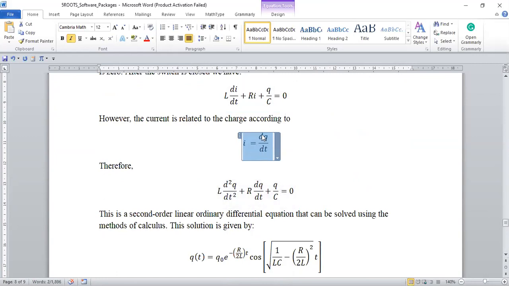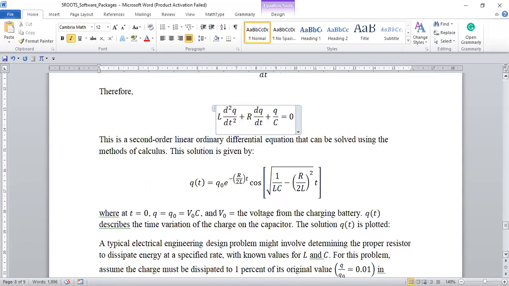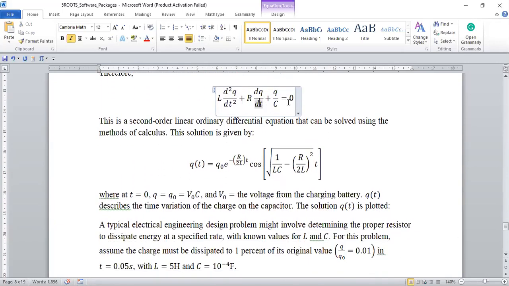When I is replaced by dQ/dt, you arrive at this. And when you solve this second order differential equation, you would arrive at this.